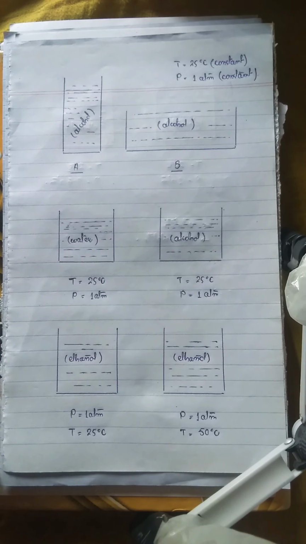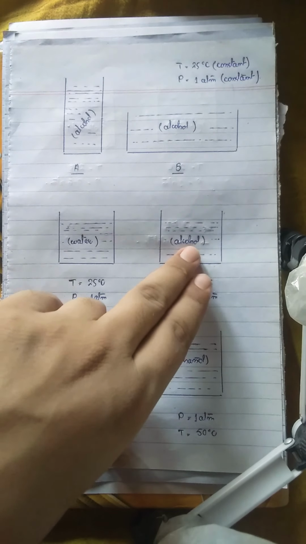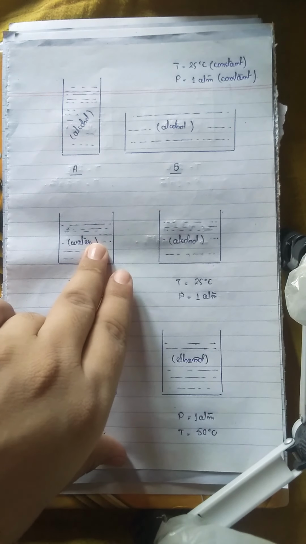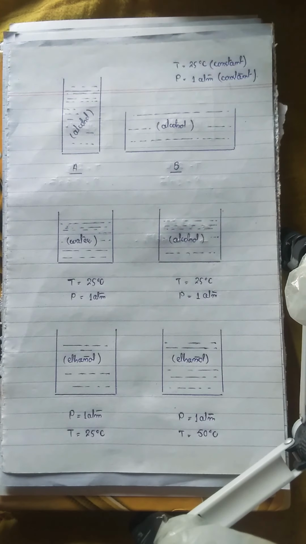So we can say that water is a non-volatile or less volatile liquid, whereas alcohol is a highly volatile liquid. With the same surface area, temperature and pressure, the nature of the liquid will affect the speed of evaporation. The alcohol will evaporate at a faster rate as compared to the water, because the only factor controlling the rate of evaporation in this condition is the nature of the liquid. So evaporation is also affected by the nature of the liquid.